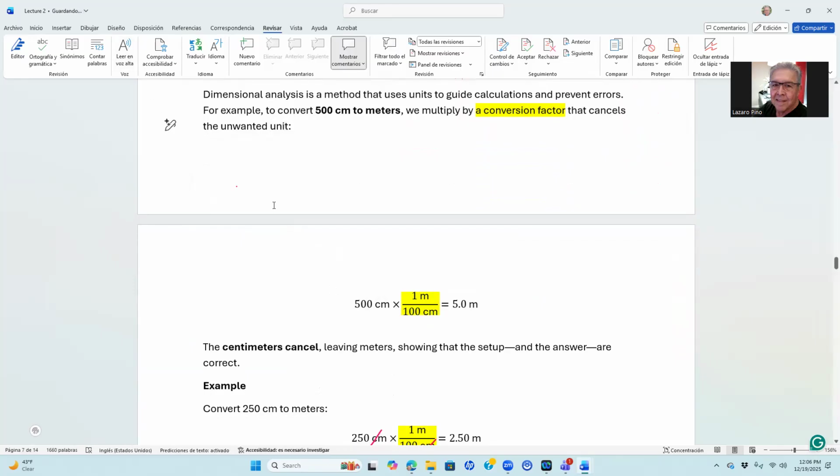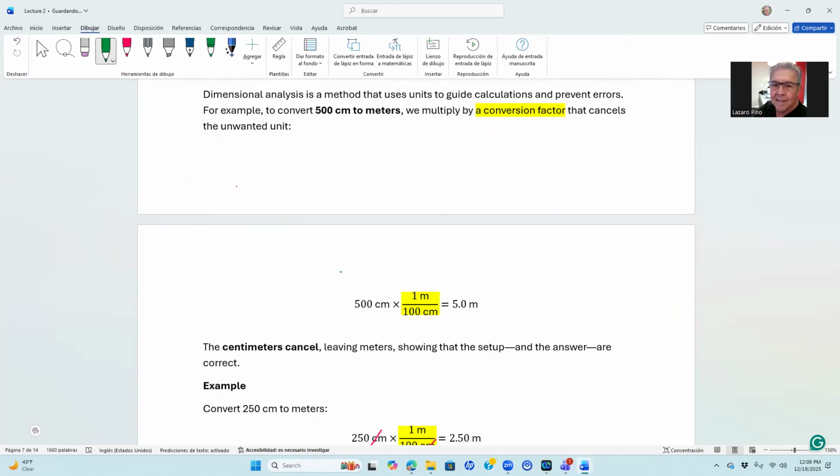Okay, for example, here you have a problem. In this case, you know that 1 meter is equal to 100 centimeters. I use this conversion because the problem is to go from centimeter to meter.